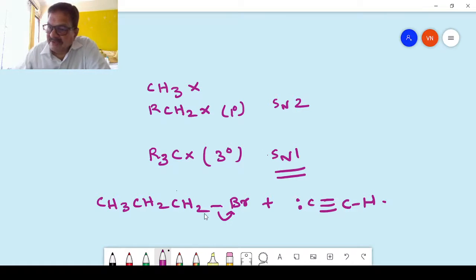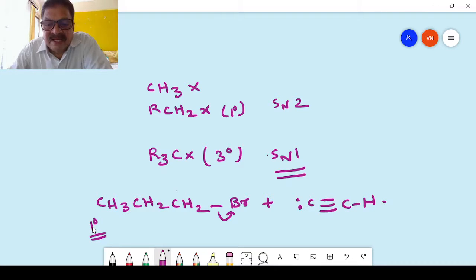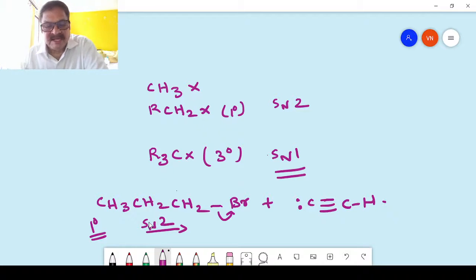What is the type of reaction, the mechanism in this nucleophilic substitution reaction? The alkyl halide is a primary alkyl halide. So it proceeds by the SN2 mechanism. This is what you have to understand. It is the SN2 mechanism only for a primary alkyl halide. So the nature of the alkyl halide is important in determining the mechanism of the reaction.